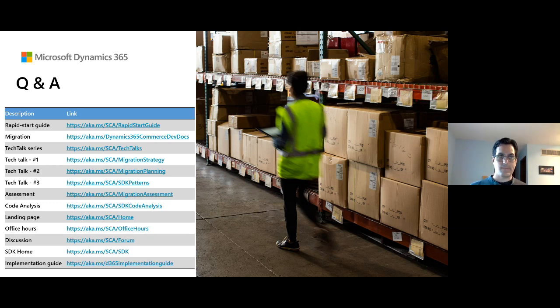Yeah, so the steps have been explained in the presentation. I will repeat some of those. So if you have an offline database and if you have extensions applied as part of the offline database, you need to also move those extensions to the Store Commerce app.